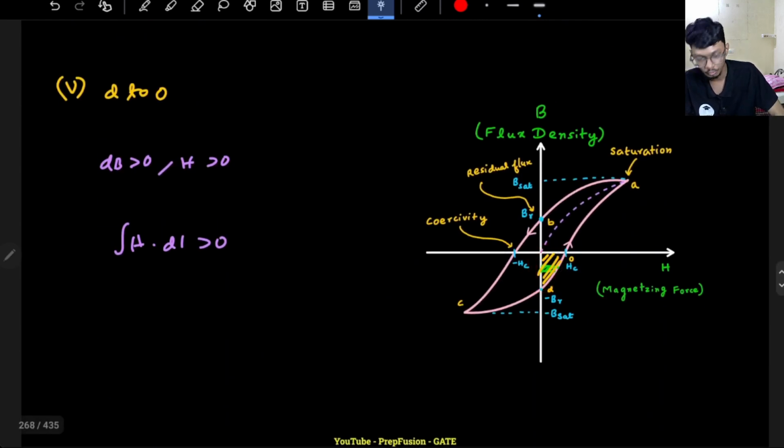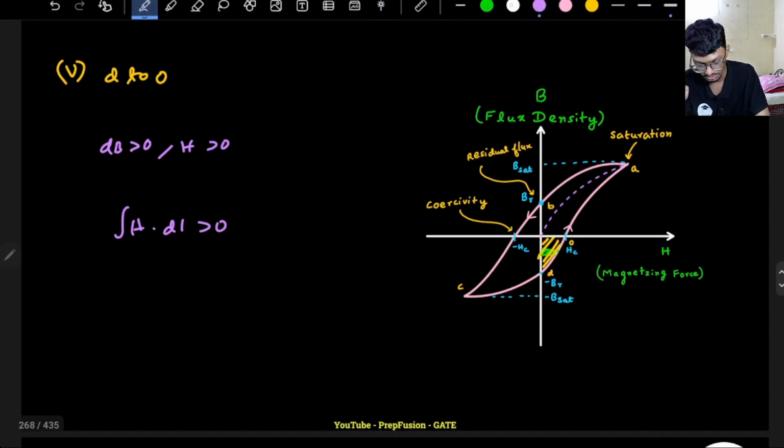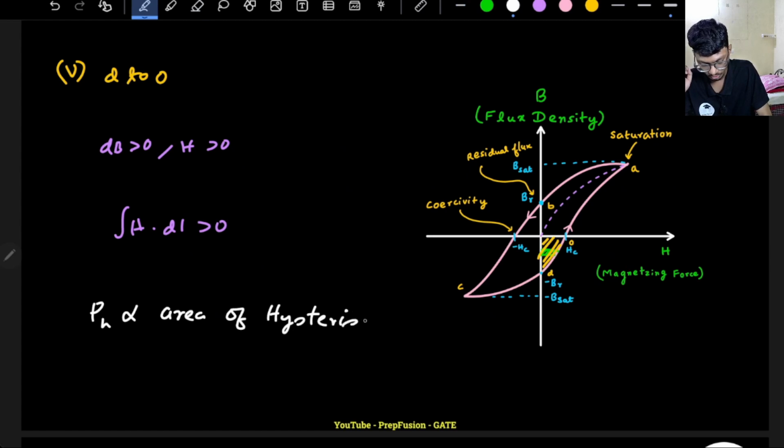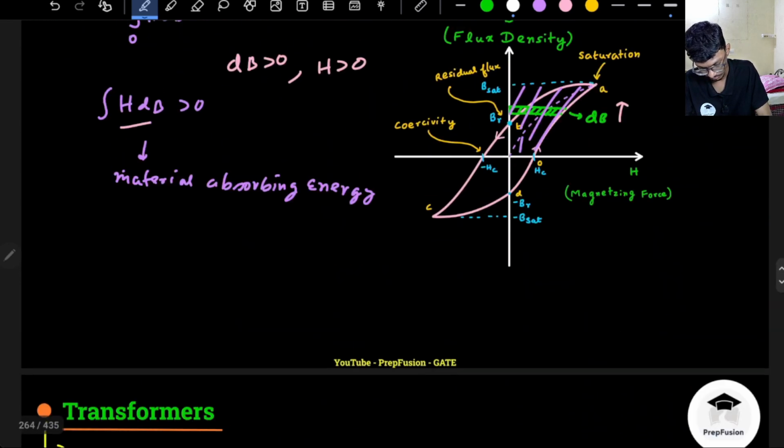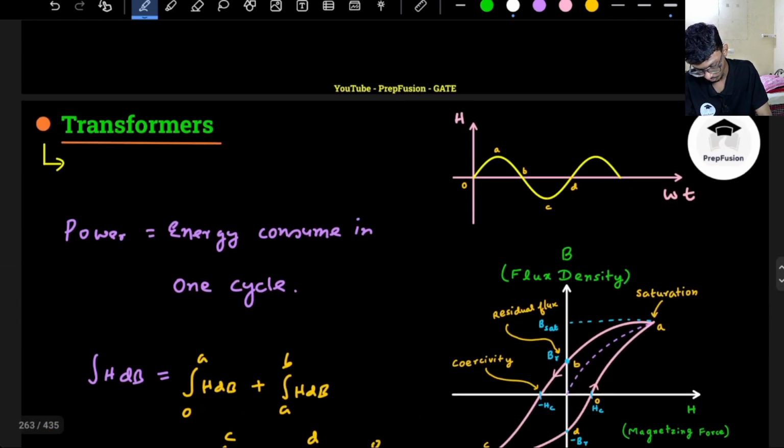So from here we derive that our hysteresis loss or the power loss P_H will be proportional to the area of the hysteresis loop, and because all of this was energy density, remember all of this was energy density, whatever we have discussed, I have to multiply by the volume as well.